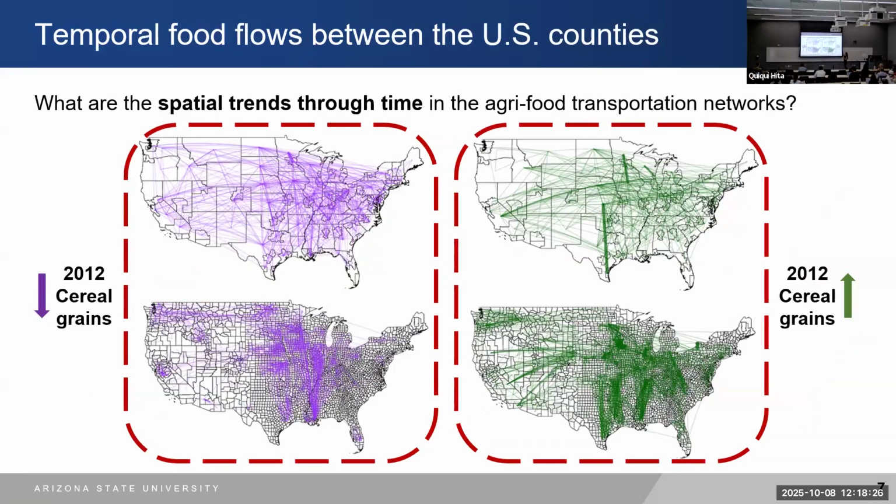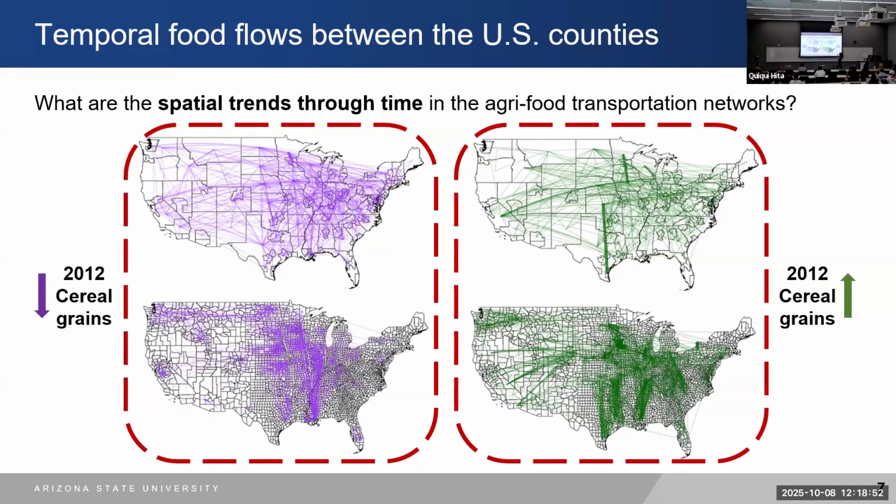First row, again, is empirical data collected by the government. Second row is what we estimated at the county level. Purple means those are the distribution paths or links that observed a decrease in the amount of cereal grain transported. As you can see, the majority of them are accumulated around the Midwest, which is pretty similar to our estimates at the county level.